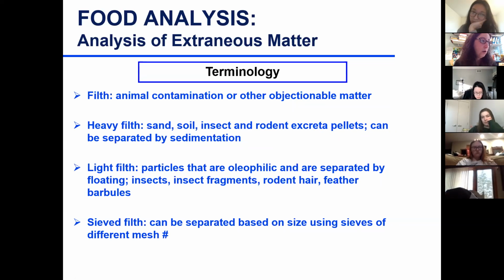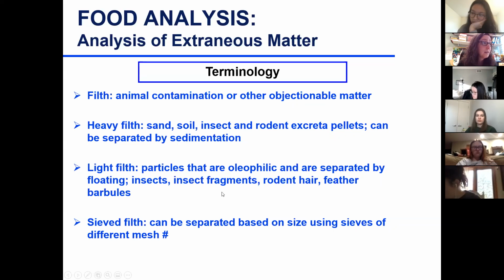Light filth are oleophilic. That means they would remain with the oil or fat. They can be associated with an oil layer, and they're often separated using oil, and they float. So we use oil and flotation to separate and count them.